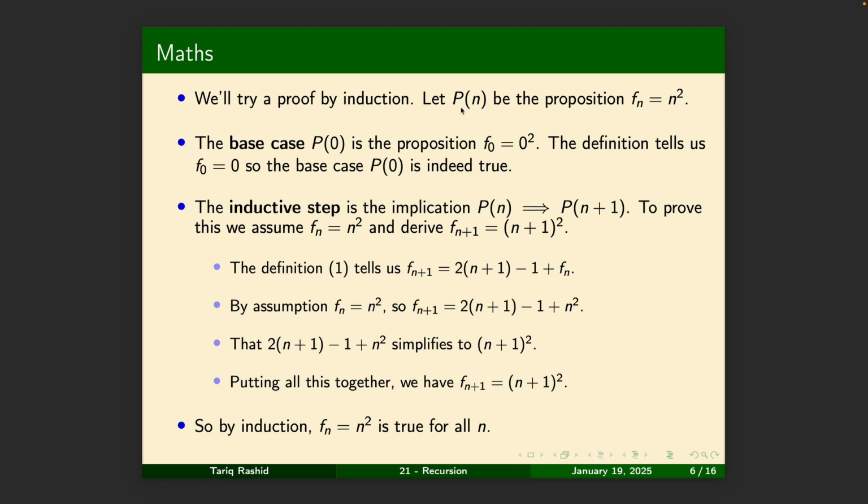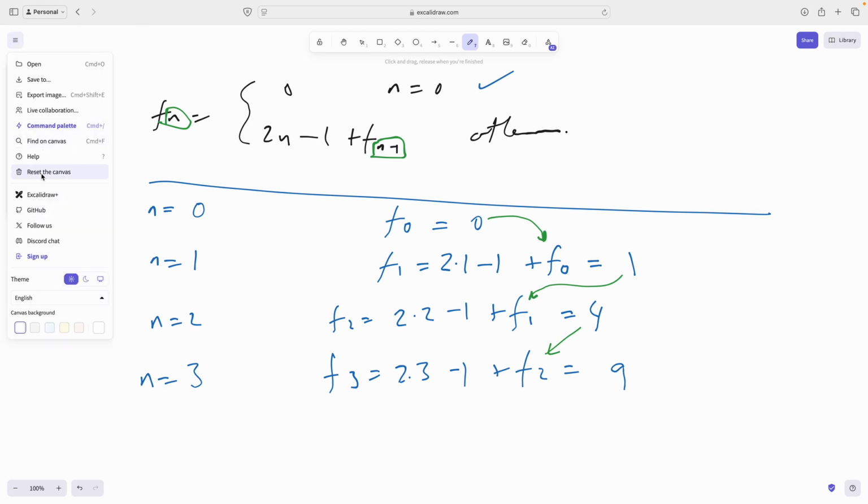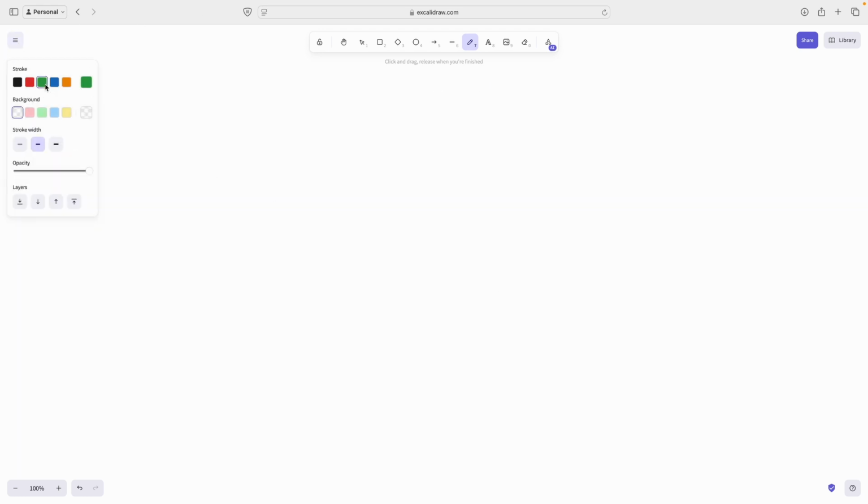As we know with induction, we need to prove the base case and an inductive step. So the base case here for n is 0 is the proposition that f0 is 0 squared. Actually, let me do this with pen and paper because this screen is a bit overwhelming. So we want to prove that Fn equals n squared.